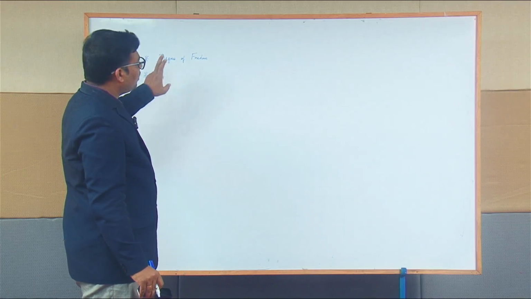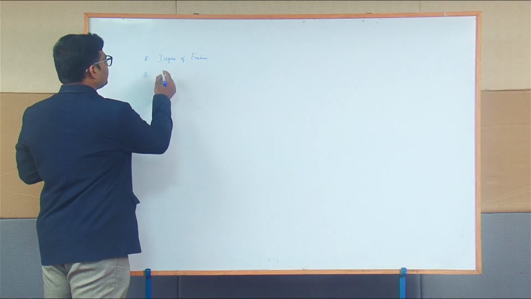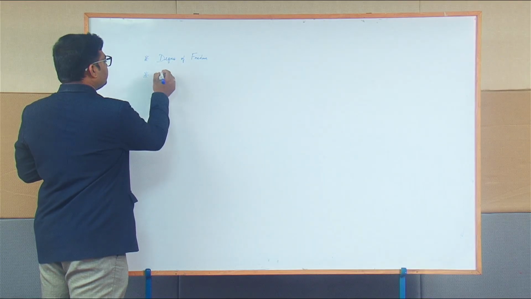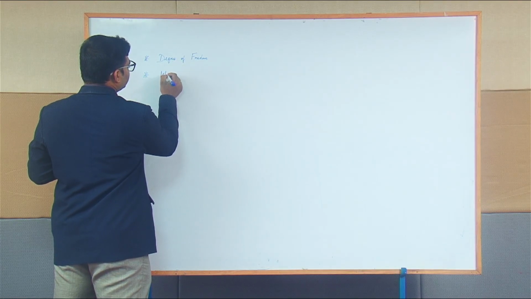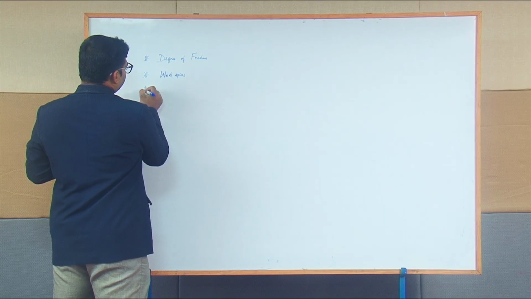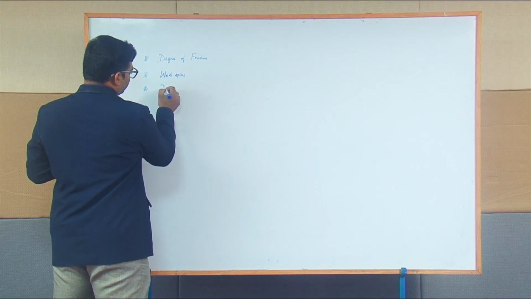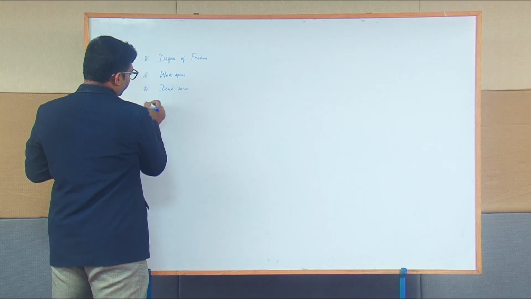So, the first term we will use is degrees of freedom. After degrees of freedom, we will study about workspace. Then we will study about dead zones. Then singularity.